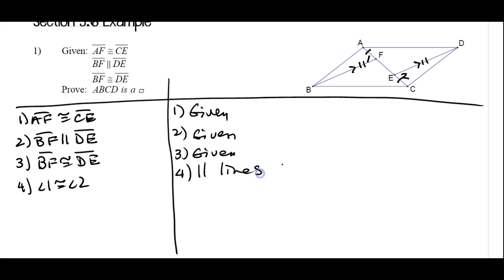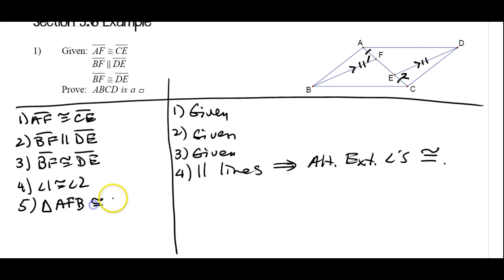Parallel lines implies alternate exterior angles congruent. And then from there, I can get triangle AFB congruent to triangle CED by side angle side from steps 1, 3, and 4.